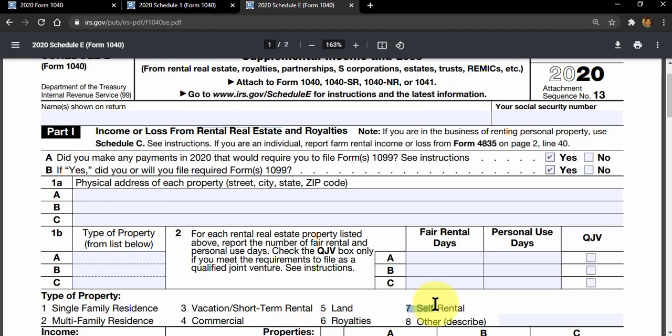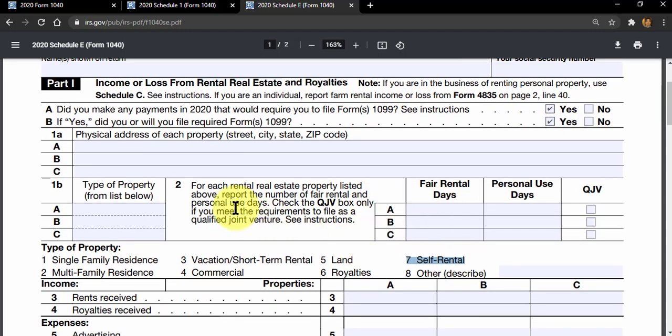A self-rental is where you're renting probably real estate to a business that you own. Maybe the business is owned by you through a partnership or corporation or limited liability company. And you as the individual own the property as the landlord, renting it to this business that you own or partially own. Okay, that's type 7.